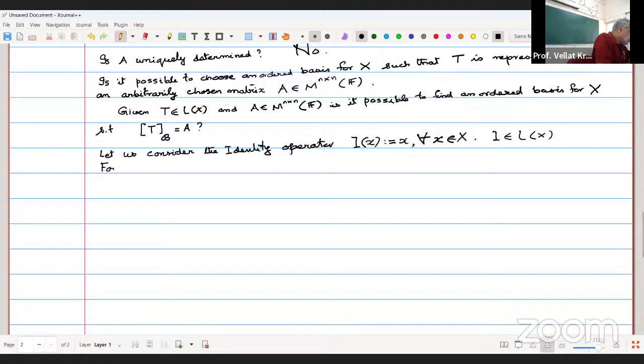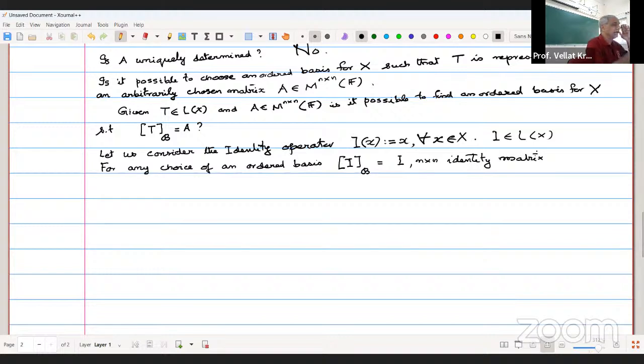Now for any choice of ordered basis, the representative of I with respect to the ordered basis is given by the identity matrix, that means the matrix which has 1 along the diagonal and 0 everywhere else.